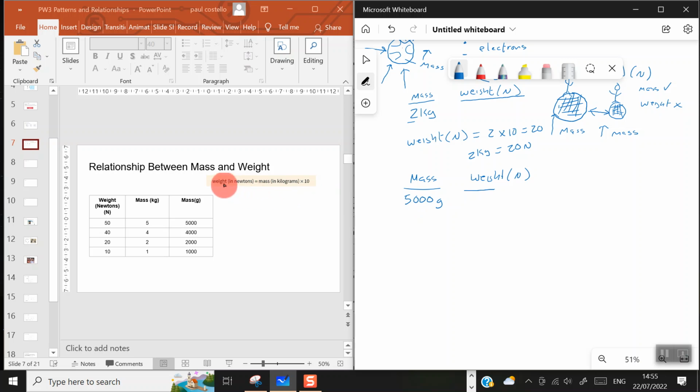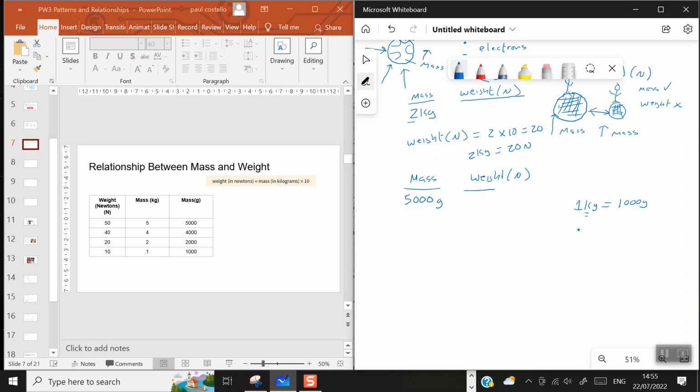Notice that this formula says that in order to use it, the mass has to be in kilograms. So we convert this into kilograms. 1 kilogram is equal to 1,000 grams. That's where this kilo part comes from.